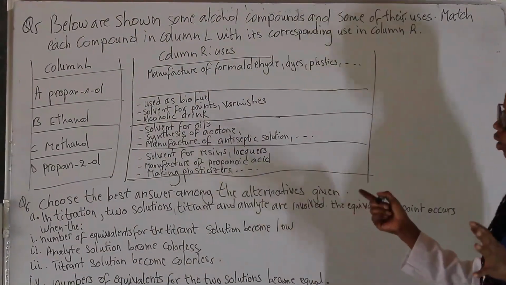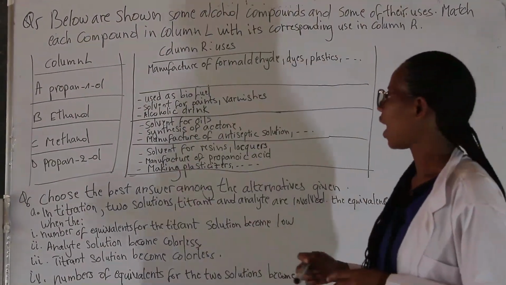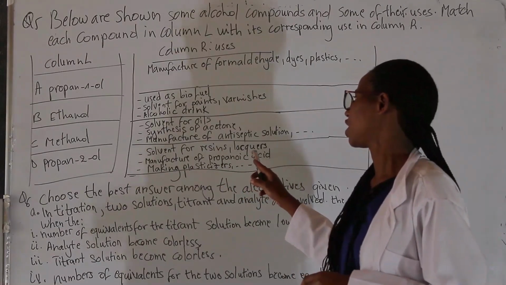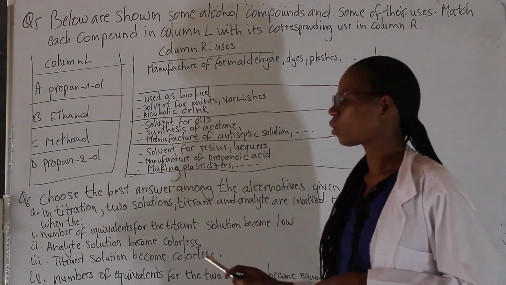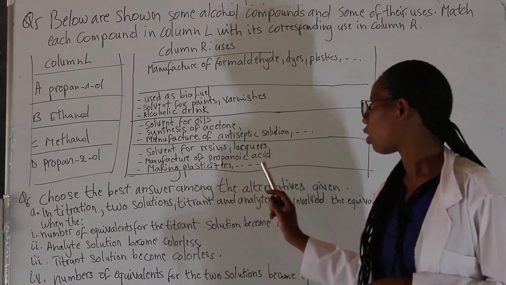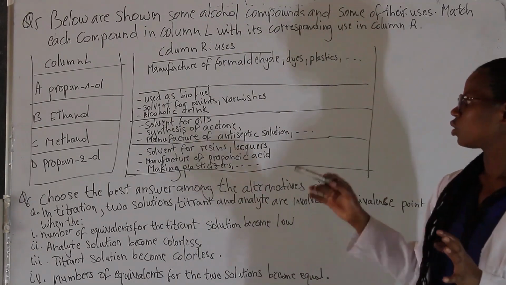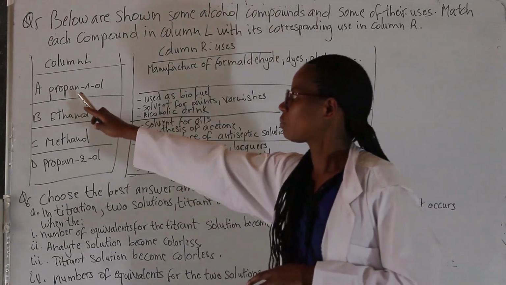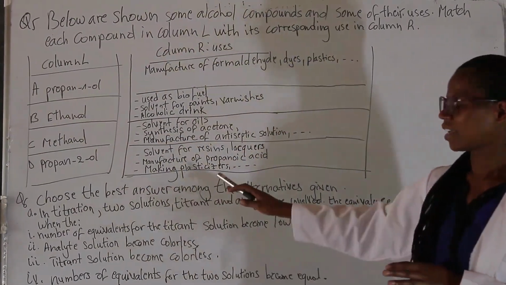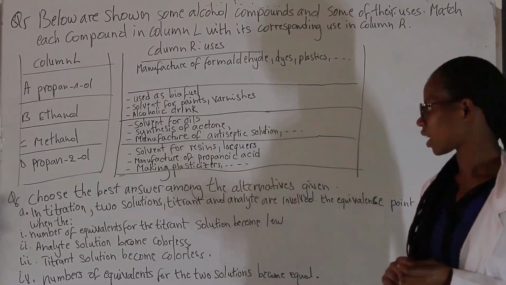Use of propan-1-ol. This propan-1-ol can be used as a solvent for resin and glycols. This propan-1-ol is also used in the manufacture of propanoic acid. During preparation of propanoic acid, we may use propan-1-ol, making pasteurizer.